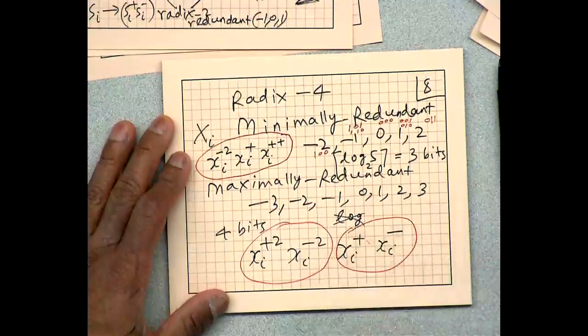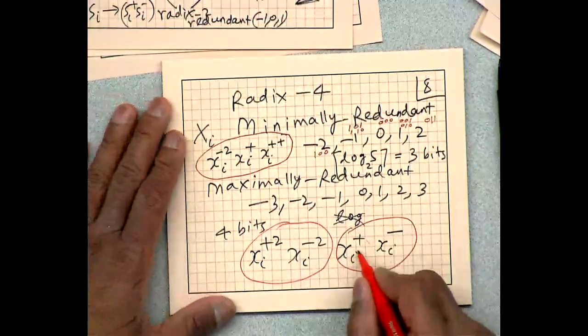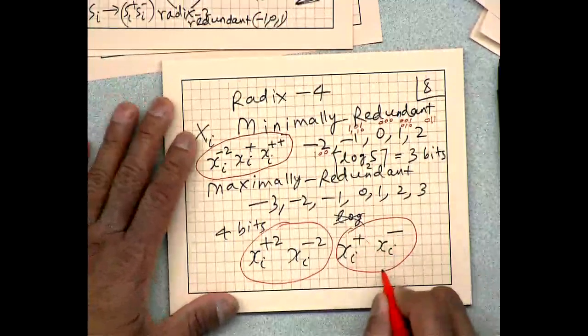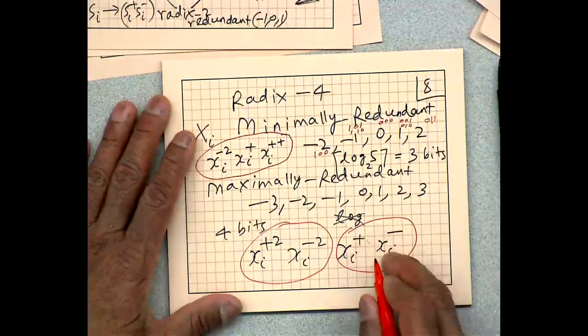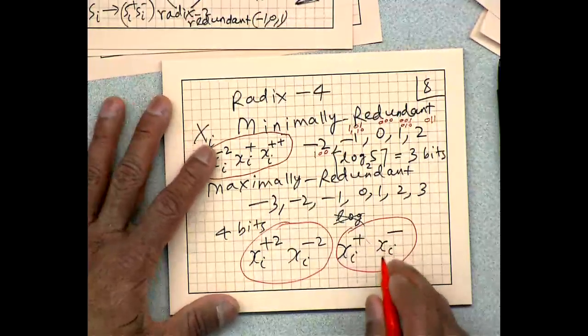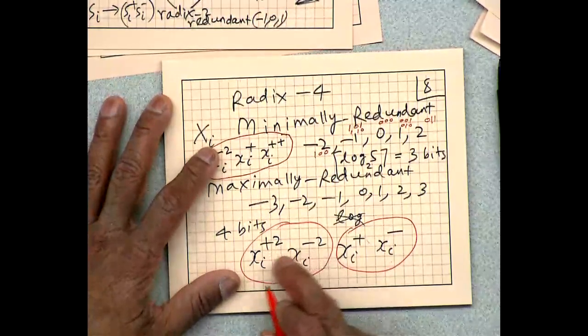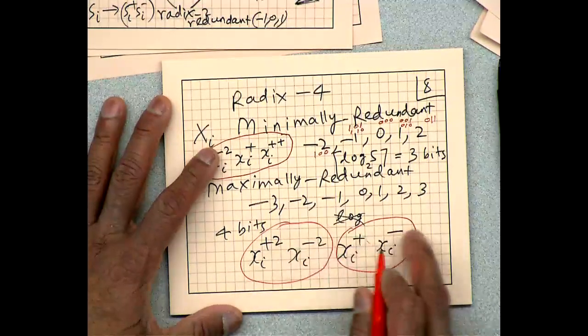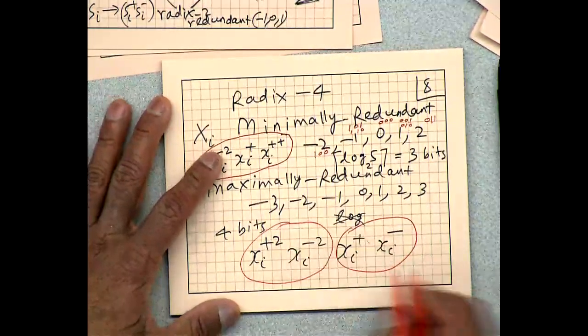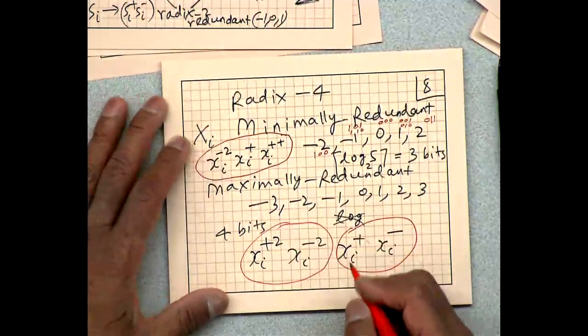Remember that if I had plus and minus weight, this is really a radix 2 digit. This is a radix 2 digit as well, but with weight 2 times higher than that. So the arithmetic value, I should write down the arithmetic value.